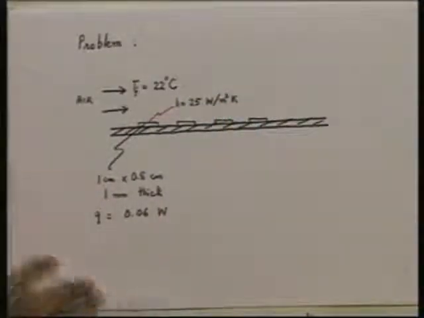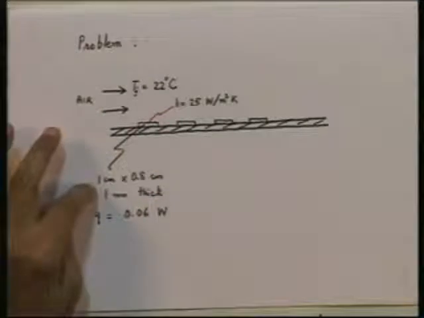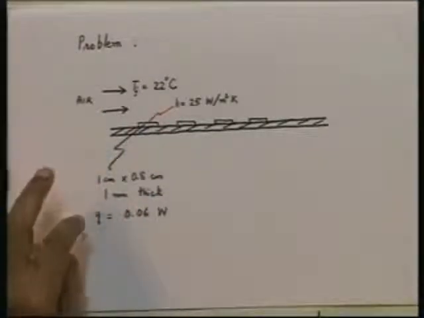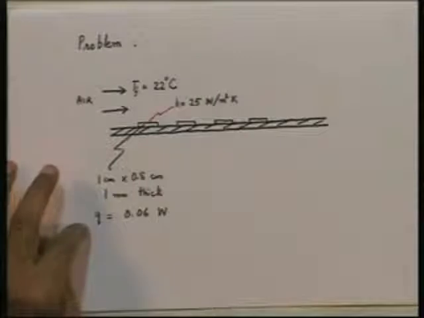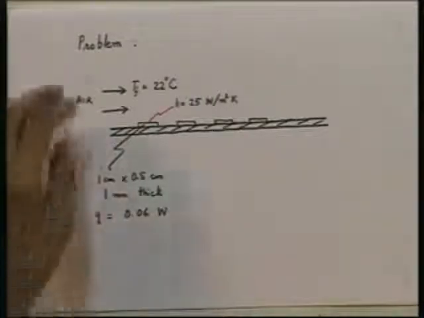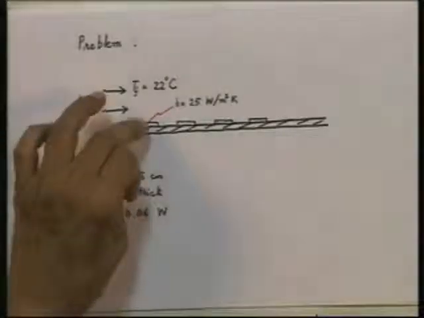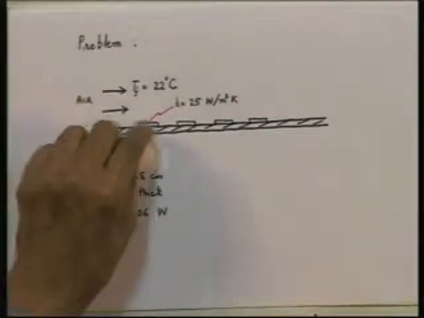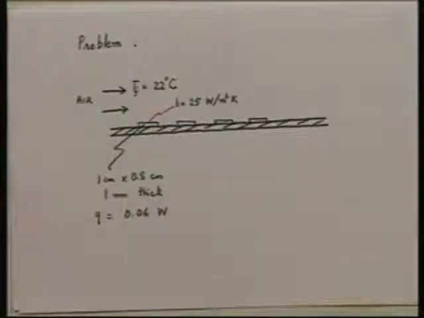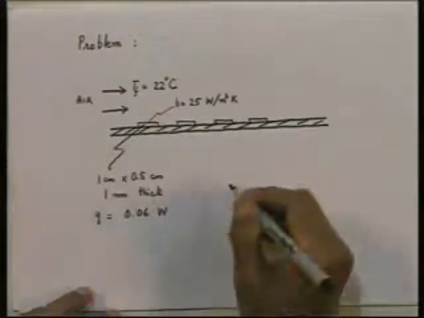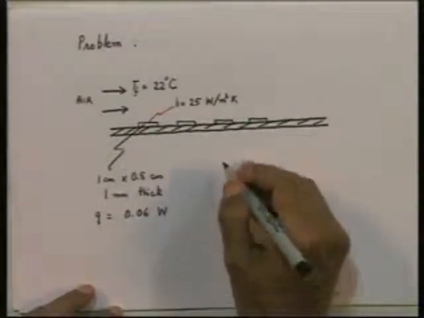So, you know the dimensions of each of the chips, the rate at which heat is being generated in each chip, the temperature of the air which is flowing over the chip to keep it cool, and the value of the convective heat transfer coefficient at the surface of the chip. That is given. We do not know enough theory of convection, so instead of calculating it from any equation, I am just giving you a value of h, saying take it to be 25. Calculate the surface temperature of the chip.